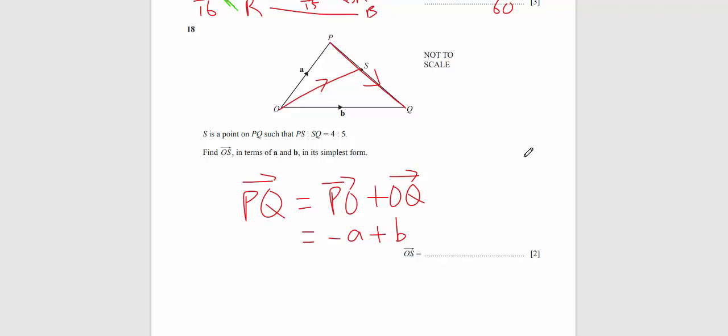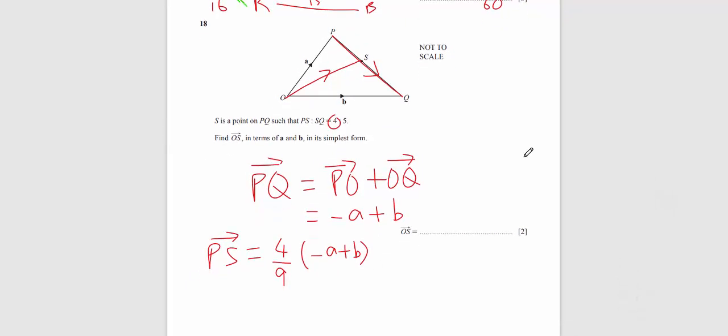And then we are given the ratio of PS to SQ is 4 to 5. That means to find the vector PS, because for PS the ratio is only 4, we have 4 over the total 9, bracket negative A plus B. So this is the vector for PS. And then to find OS, it will be OP plus PS.